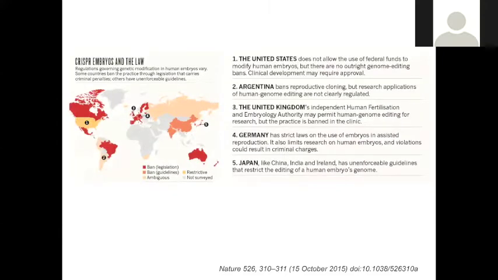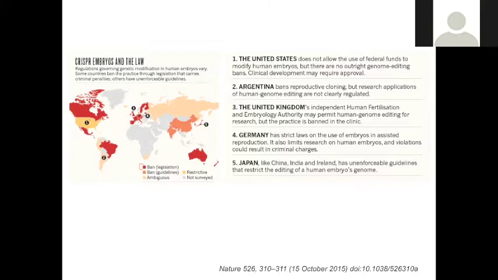This slide here shows that in different places in the world, there are different approaches to this. For example, in Europe and Australia and Canada, for example, there is a complete ban on the use of CRISPR on embryos.